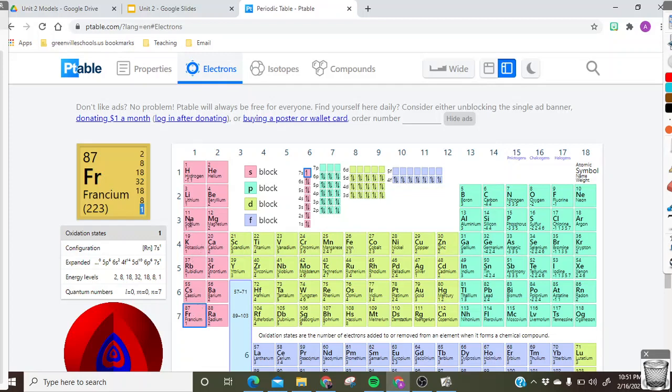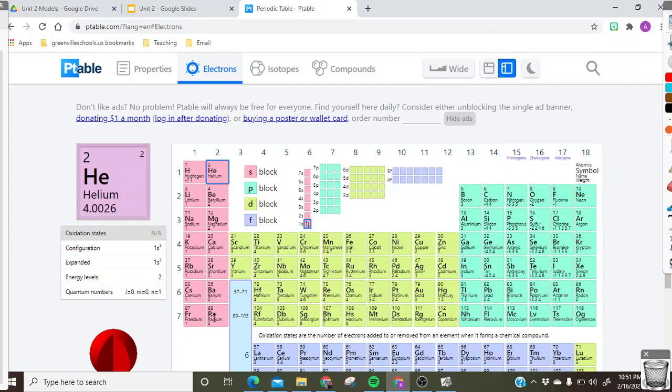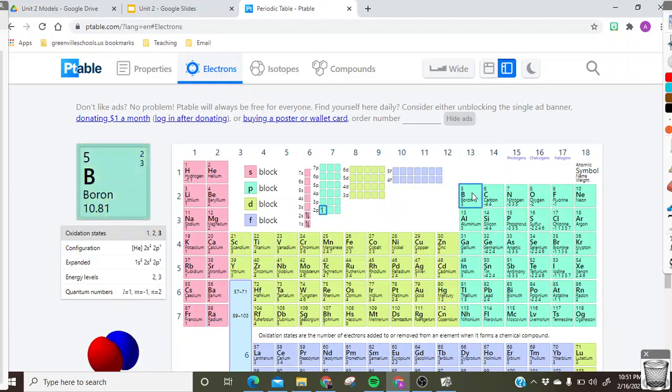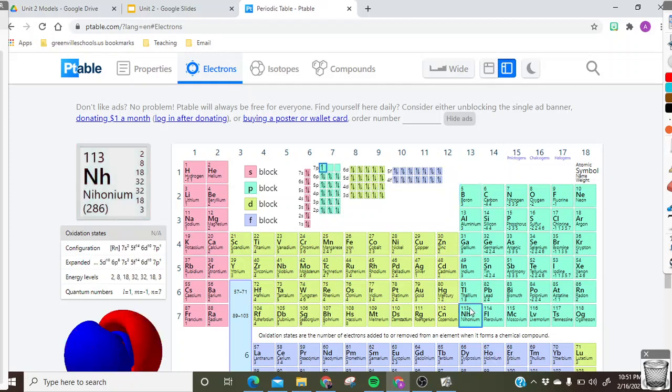So, the periodic table is set up to reflect this. Our first family, these guys all have one valence electron. Then we come to our second family, these guys all have 2 valence electrons. We skip over the F block and the D block and come to this family. And this family all has 3 valence electrons. As we can see, 3 valence electrons. All these other guys are core electrons.